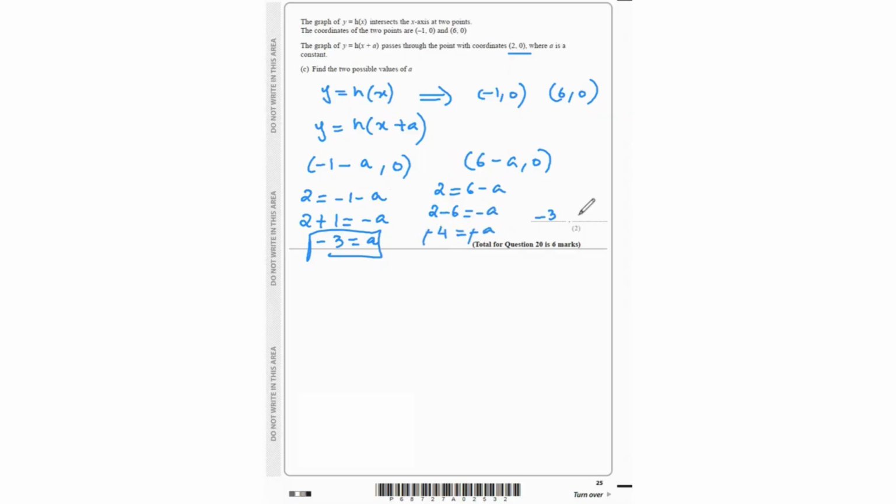So that's a equals 4. That's the other value. So you just have to use the transformation to create your own coordinates and then put the x coordinate equal to 2 to find the value of a. Since we're adding something to x, that means we move that many units to the left-hand side, which means we'll be subtracting a from -1 and 6.